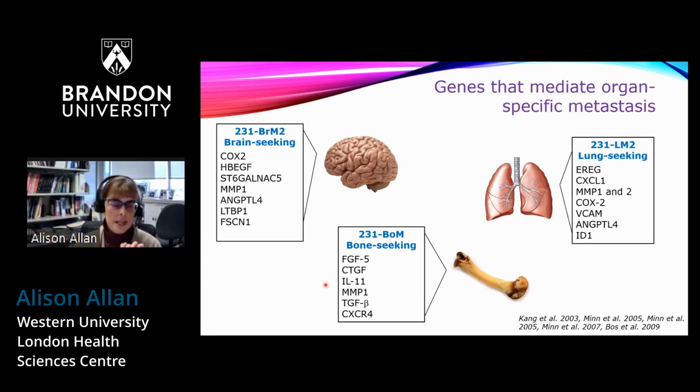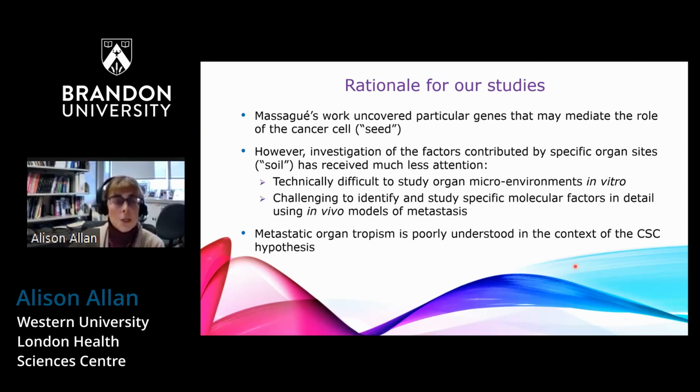So things like matrix metalloproteases, which of course break down and help with that migration and invasion back and forth, and some angiogenesis related genes like angiopoietin and VCAM, but combined, it's this sort of signature that gives the specificity. So how does this work into what our thinking was at the time?